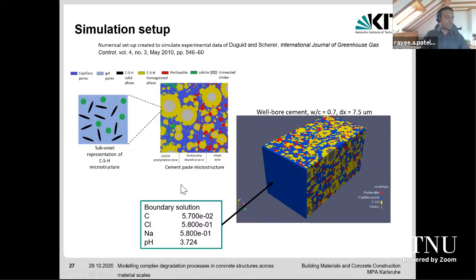So here is the boundary condition for the simulation, which is basically carbon ions in the boundary solution, which leads to carbonation. This setup was very close to the experiments by Jukic and Scherer, which were focusing on the evolution of cementitious material in a wellbore for CO2 sequestration.